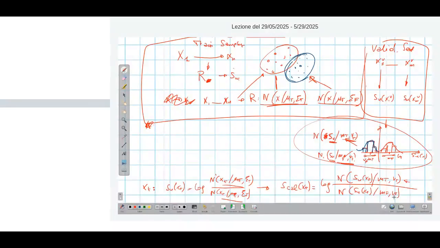This is one possible way of producing well-calibrated scores. Of course, how good it is depends on how well I described the distribution of the scores of the original classifier. If I manage to do that well, then calibration will be good.